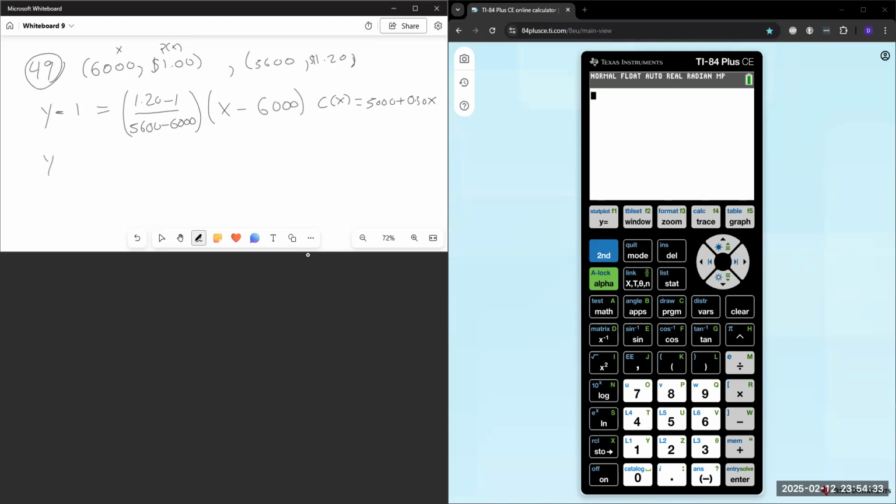So y minus 1 is equal to, this is actually little p, 20 cents divided by negative 400, which simplifies to negative 1 over 2,000.